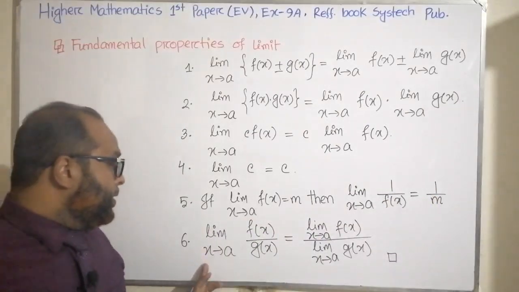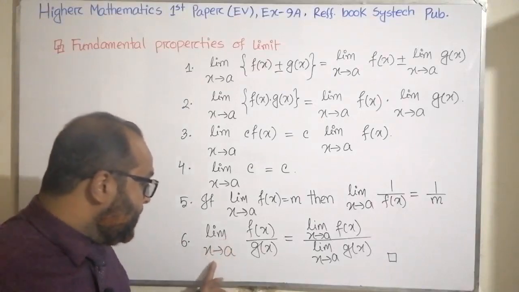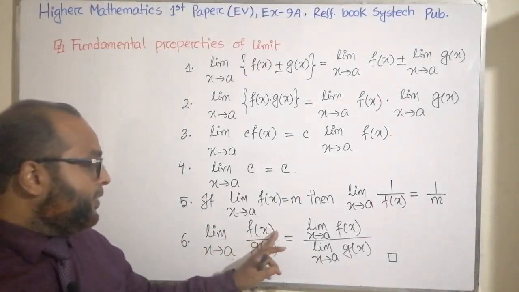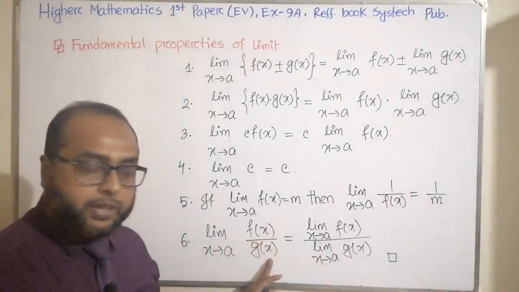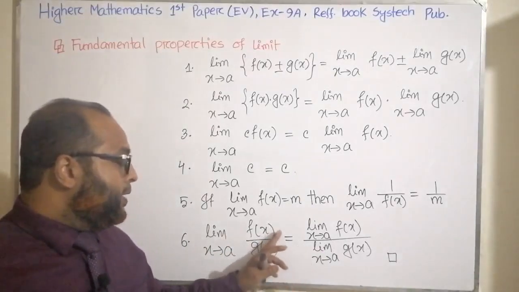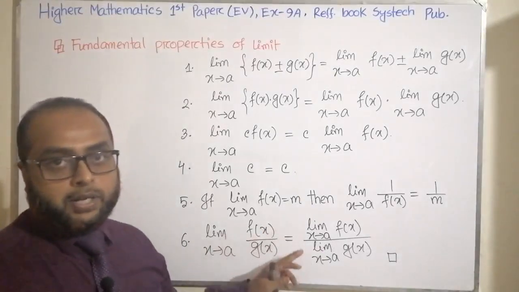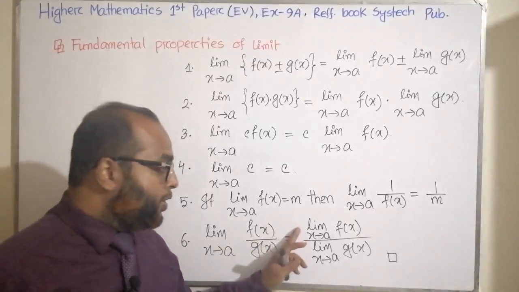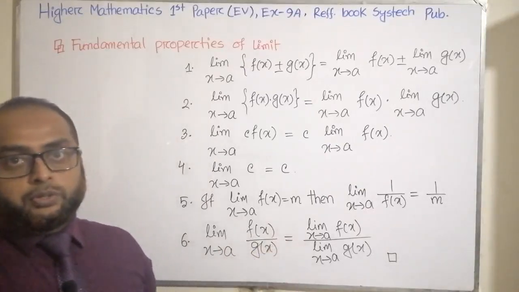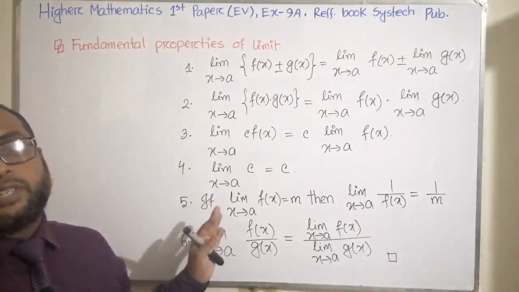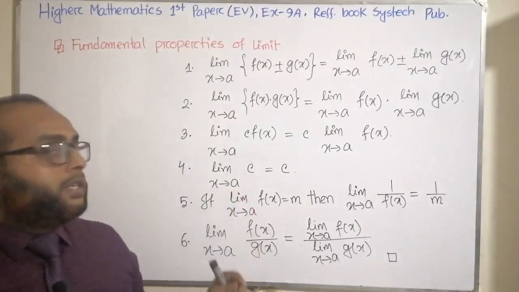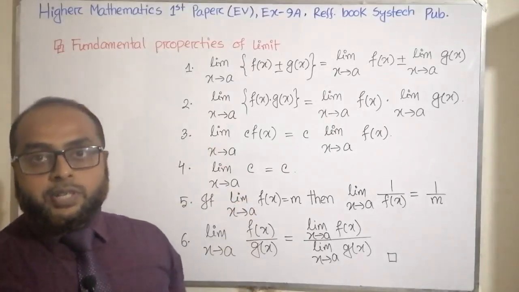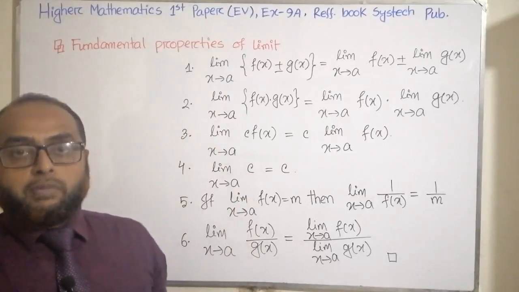And number 6, limit x tends to a, f of x divided by g of x, then we can write the limit separately in both numerator and denominator. These are the basic fundamentals of limit. These formulas are very useful to solve maths.